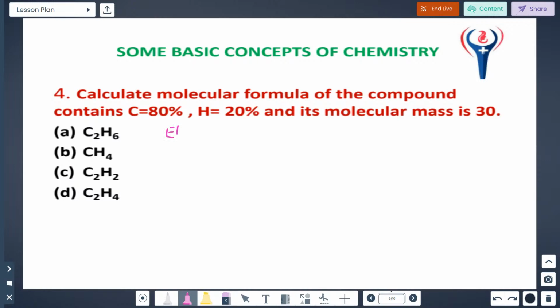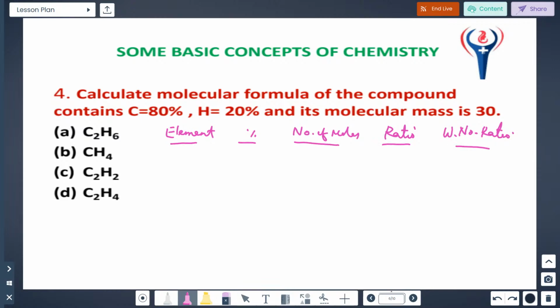We consider the element, then the percentage, then the number of moles, relative number of moles, then the ratio, then the whole number ratio. So this way you have to write. Okay, simple one.